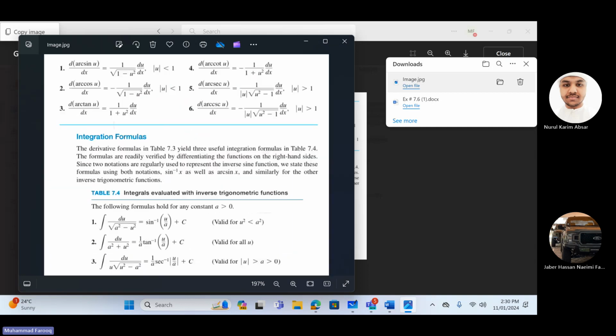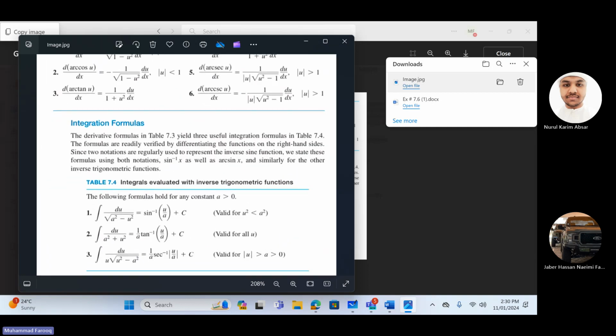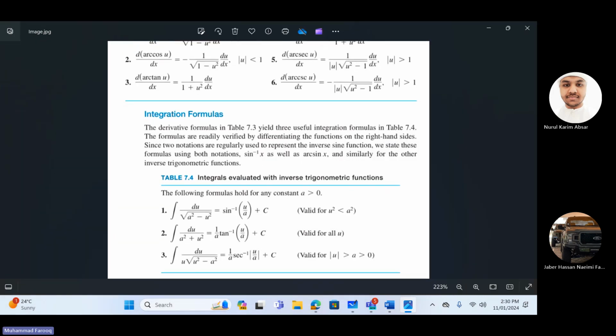Now look at this. There are only three formats whose output as an answer is an inverse trigonometric function: sine inverse, tan inverse, and secant inverse.